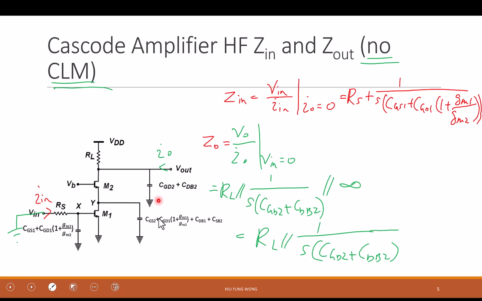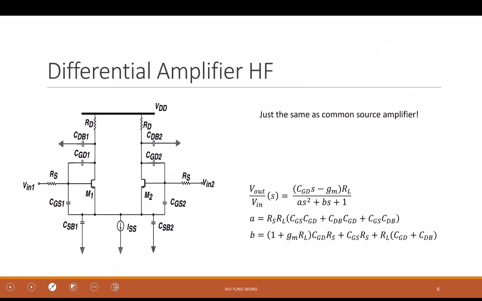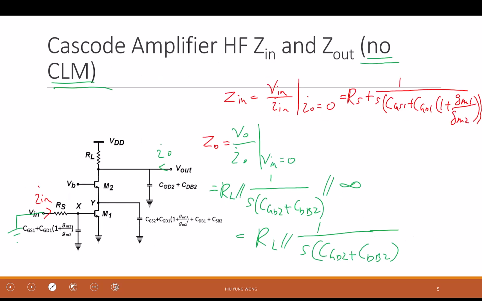But at high frequency, this becomes important. It can be very small, and then you screw up your output circuit, right? Yeah. So I think that's all I want to say. Okay, so I think we are done with the Cascode. Any questions?